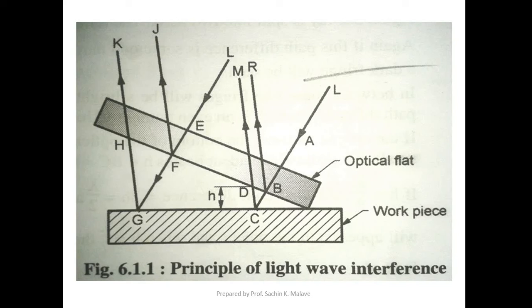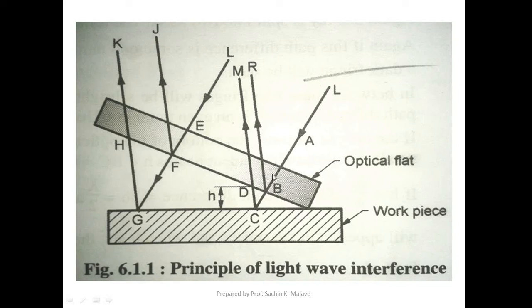Now we'll see the principle of interference of light with this optical flat. So you can see an optical flat, and this is the workpiece. This optical flat is resting at a slight angle to the workpiece.